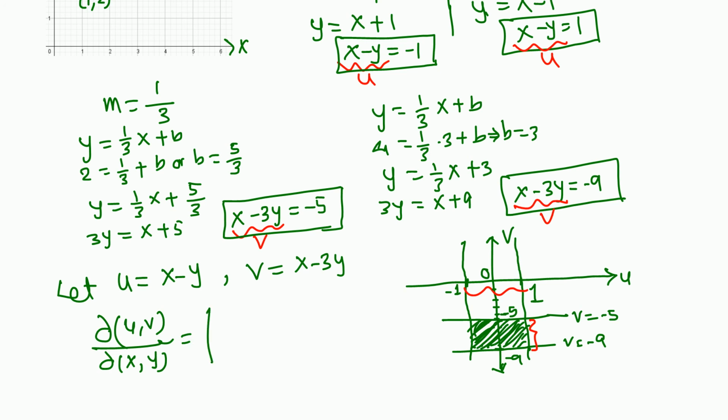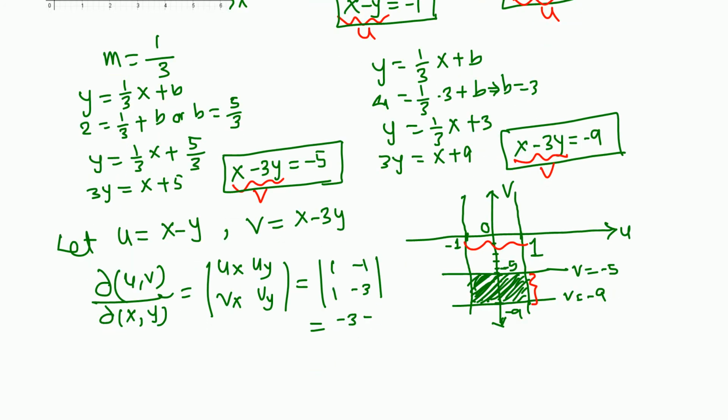That is partial of u with respect to x, partial of v with respect to x, so the partial derivatives are 1, -1, 1, -3. That gives -3 minus 1 plus 1, so -2.